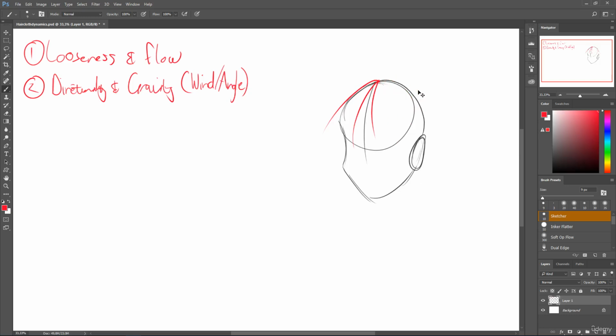But the only time that really happens is when the hair is wet, that it is so close to the skull. What we want to always strive to do is just a few centimeters, a centimeter or two, scale dependent on your character. That's not real world centimeters, it's a character's version of centimeters. You want to ensure that the top of the hair is really floating above the head. And this gives the hair a more natural look. It's showing off the volumes of the hair in the character.